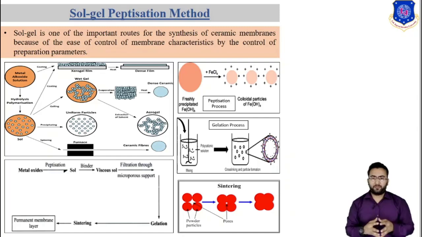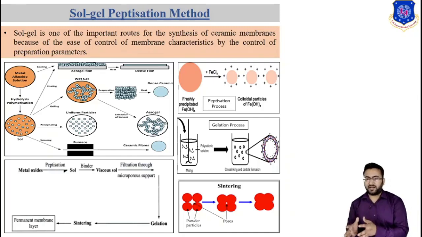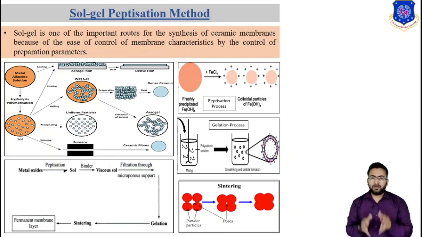The method involves peptization of metal oxide in a suitable medium under optimized conditions, control of sol viscosity by addition of optimum binder, and filtration of viscous sol through the porous membrane, followed by gelation of the layer and sintering.